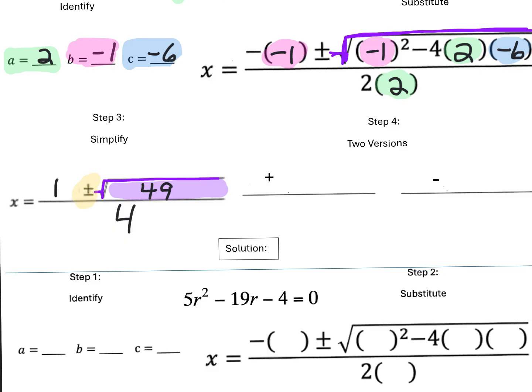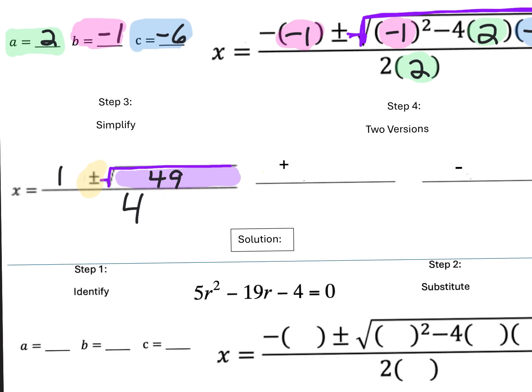So you can see right here, this plus minus in the formula means that I need to take all the same numbers, but then do one version with a plus and one version with a minus. And the reason for that is we're talking about parabolas, which not always, but most of the time have 2 zeros. So we need 2 different solutions.